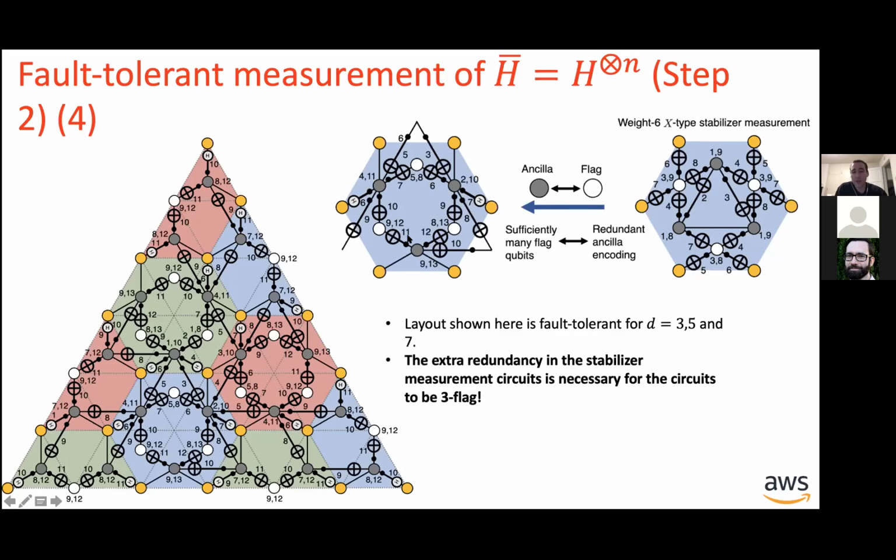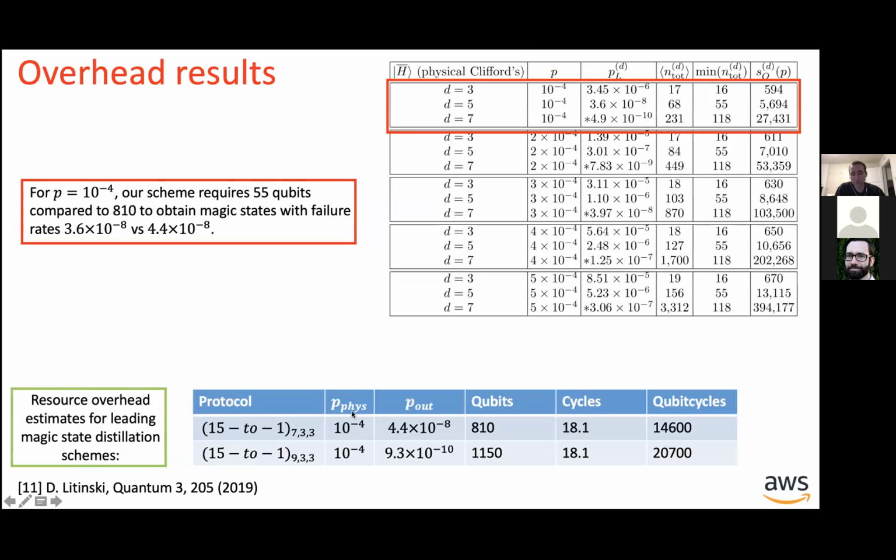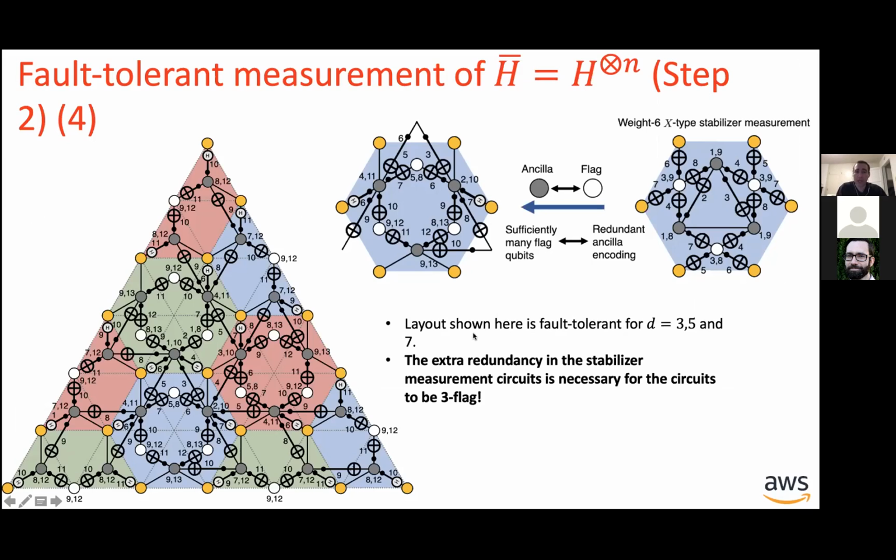And the unfortunate thing is that if we want to have a circuit which is fault tolerant for color code distances which are greater than 7, then we need to pack more qubits within these weight 6 checks and the weight 4 checks as well. So that's potentially a problem, right? So these circuits are 3 flag.